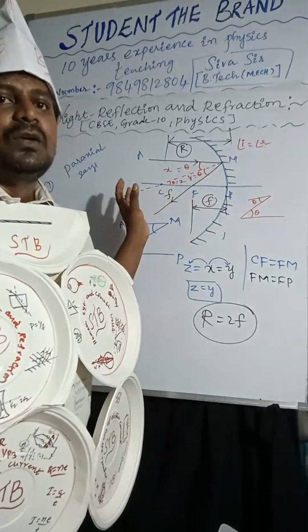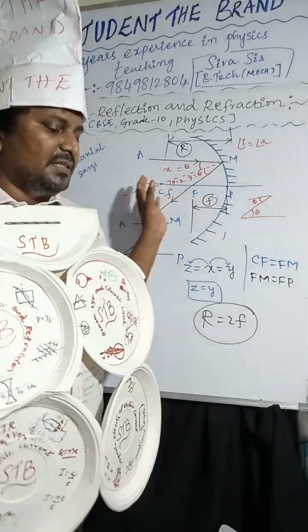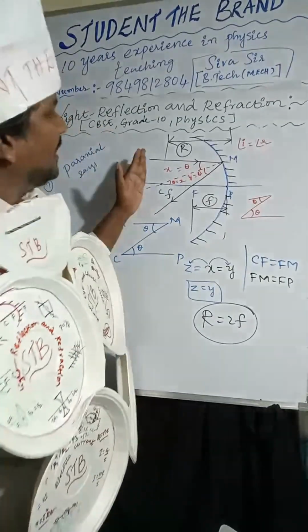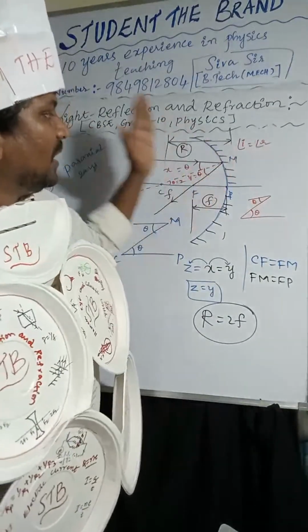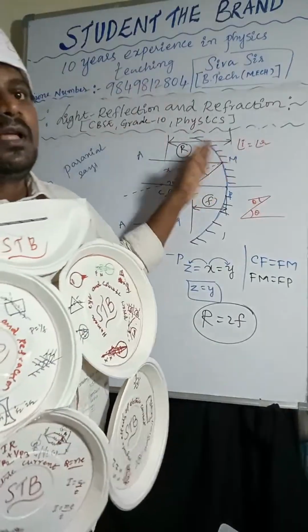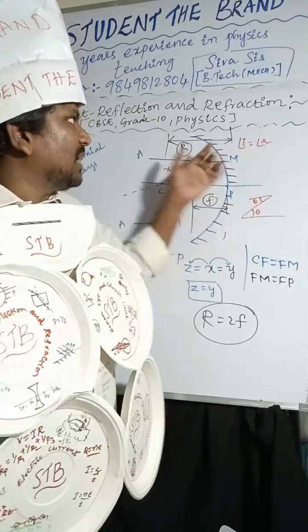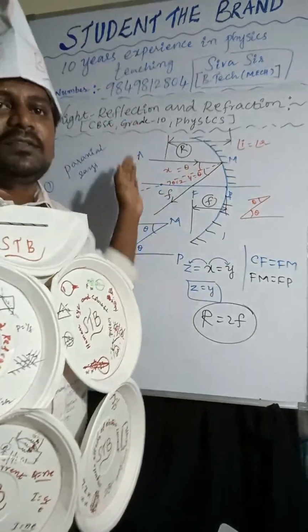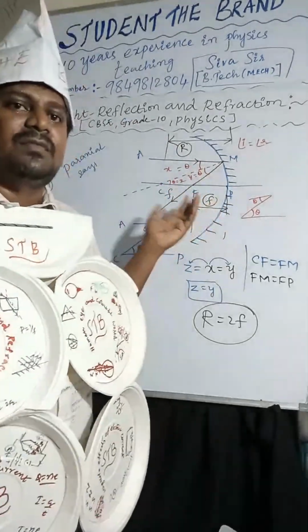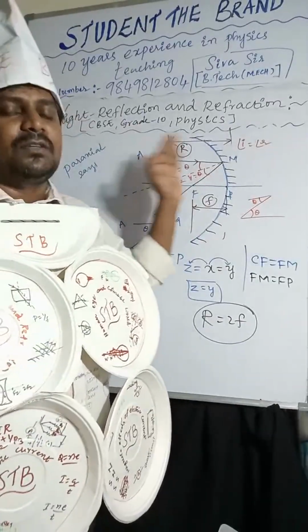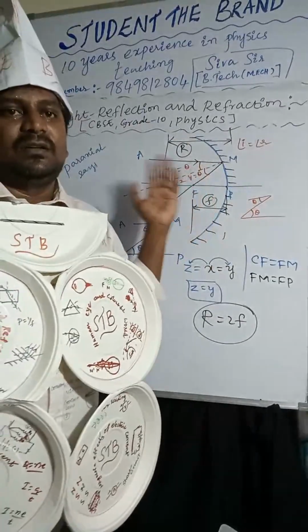So the distance between the center of curvature and the pole is called the radius of curvature.